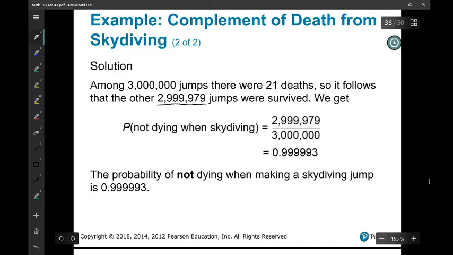So you would take that number of surviving jumps divided by the total number, and you would get this same number we just computed, 1 minus the probability of dying.